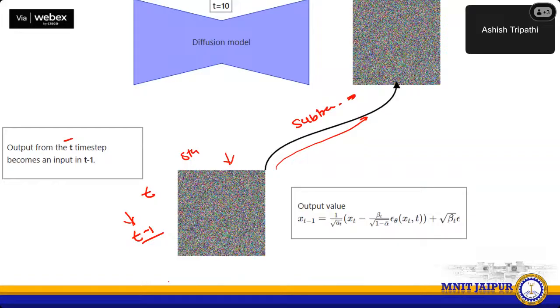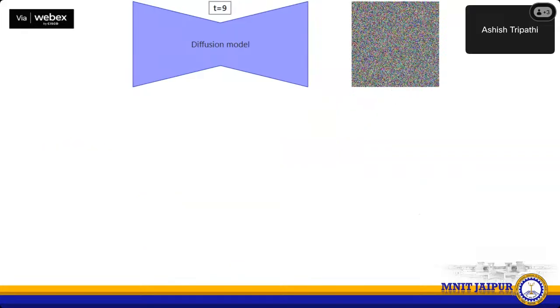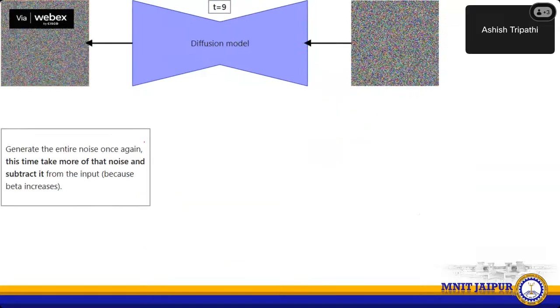This is the same equation that we have discussed earlier, but it is written in the form of alpha, and alpha t is equal to 1 minus beta t. Again, the generated image is entirely noise once again. Why is it so? Because we are in the initial stage of the reverse process.